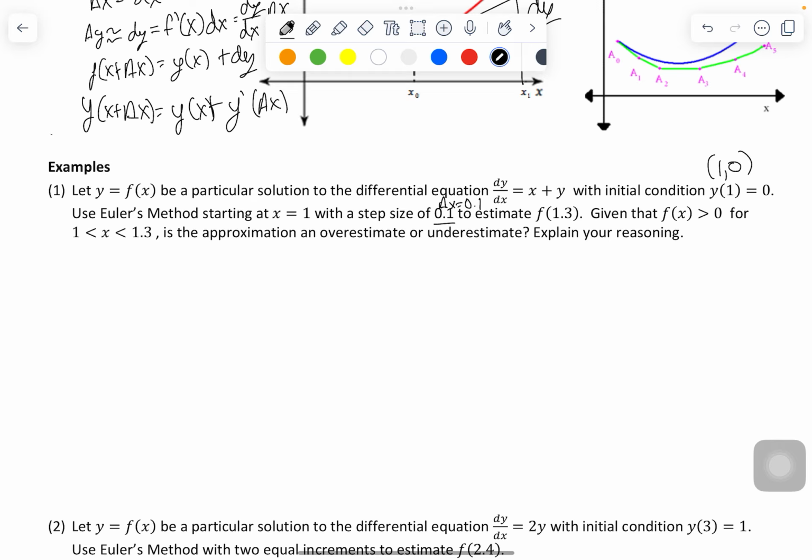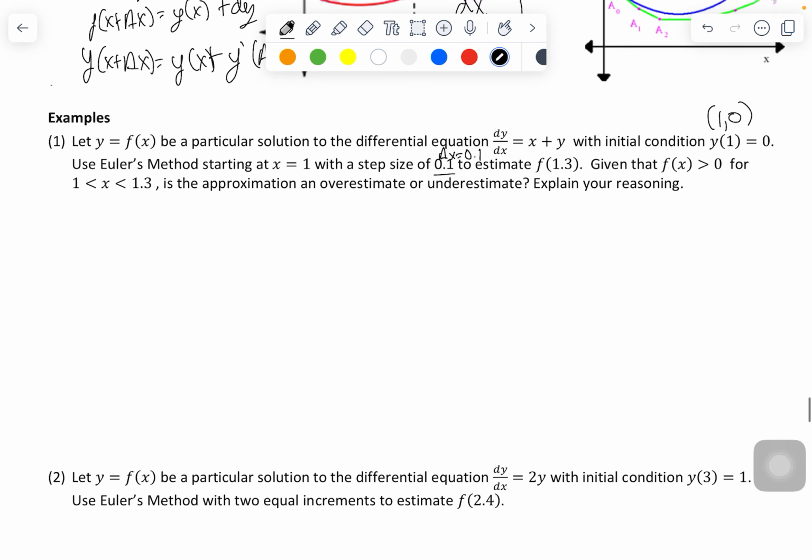And since f of x is greater than 0, we can use that information later to see if it's an overestimate or an underestimate. So first, we have to start with our point, (1, 0). And using our equation, y of 1 plus 0.1 right here, we can approximate this. So it would be y of 1 plus the derivative at 1 times our delta x, which is 0.1.